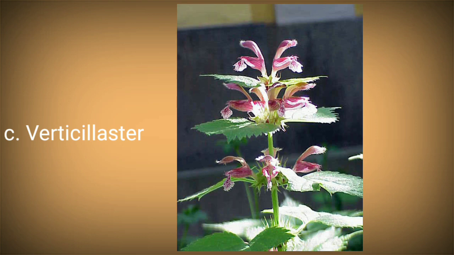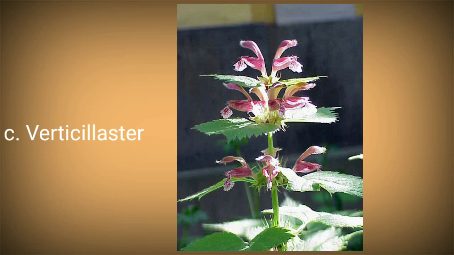The flowers are sessile and they are bilabiate. That means the corolla has two tongue-like lips, which form a cluster or verticil. Verticil means the false whorl around the stem, and the two opposite clusters together are called the verticillaster.